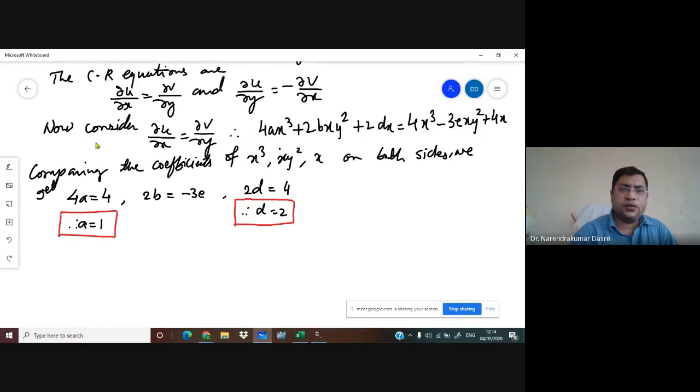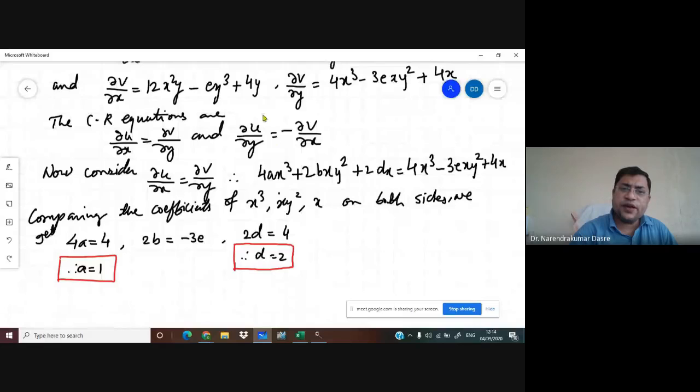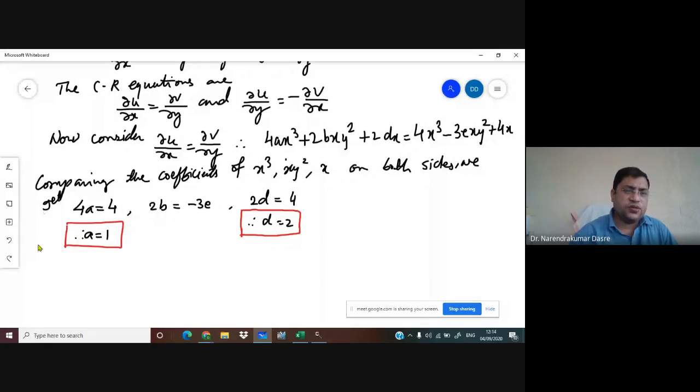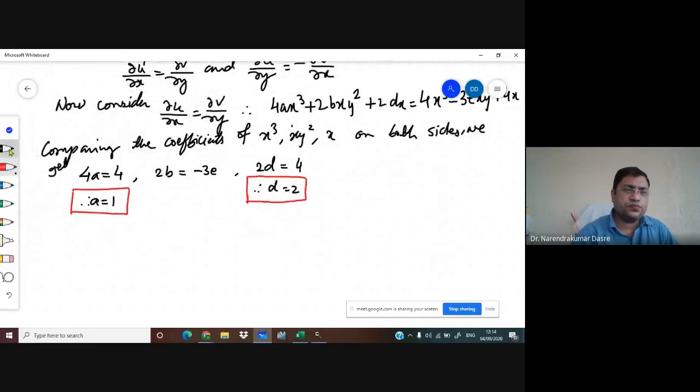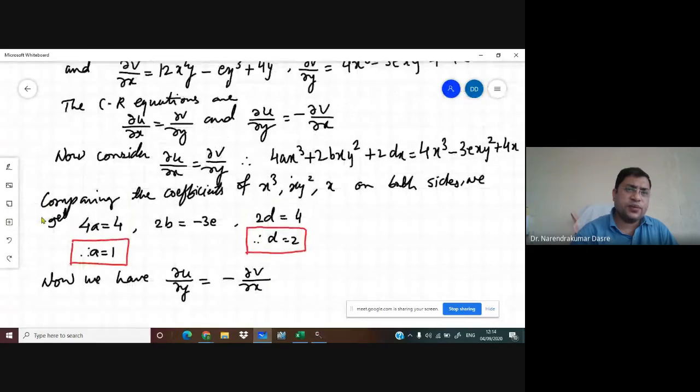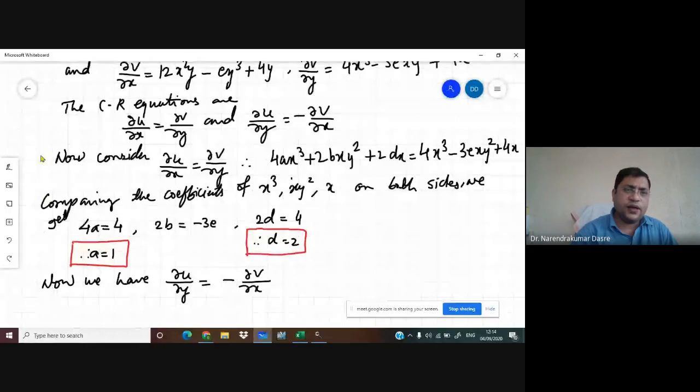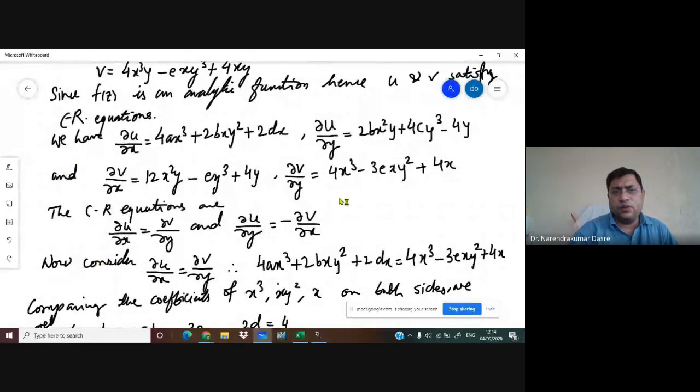Now we have to think what happens if I consider the other equation. We have ∂u/∂y is equal to -∂v/∂x. So let us see what ∂u/∂y is.